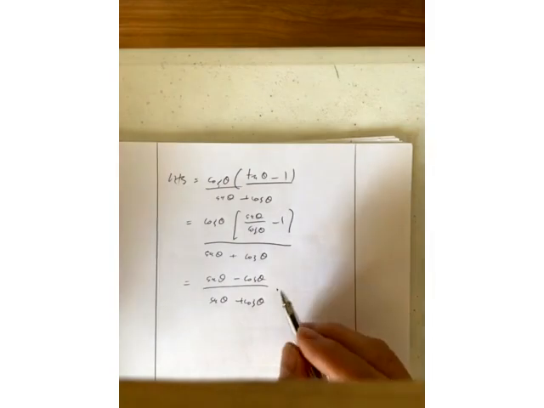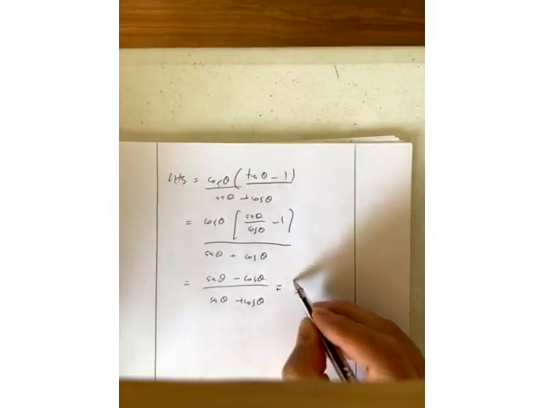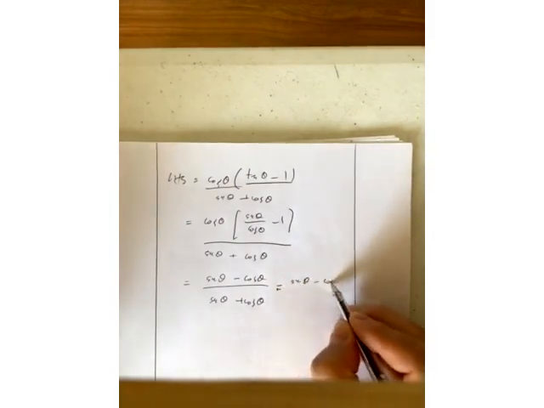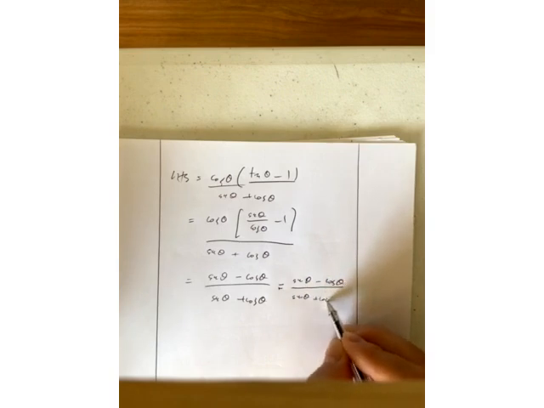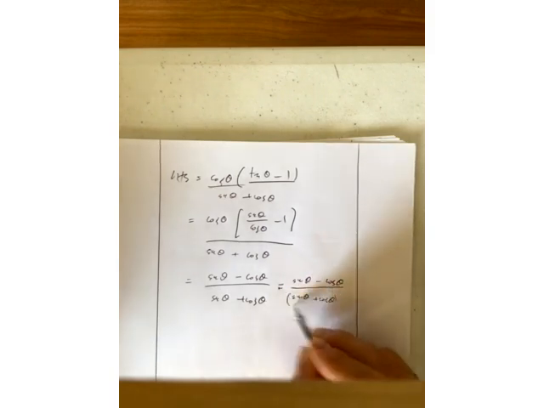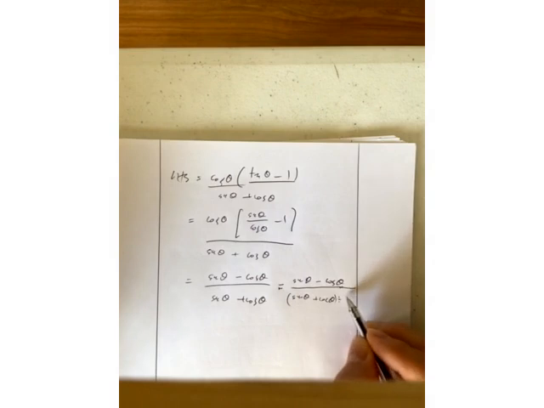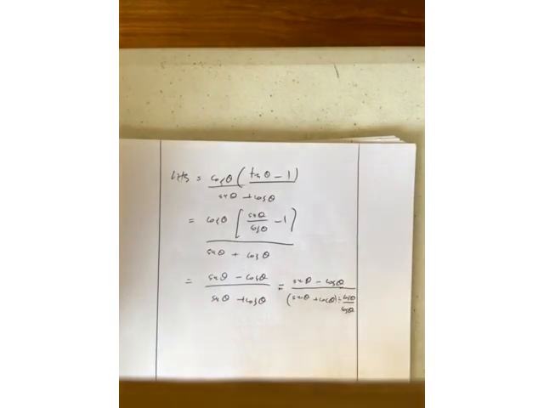Well, this is where the ABC comes in handy. Well, there's your sine theta minus cos theta. If you divide this by cos theta on cos theta, you effectively divide it by 1.